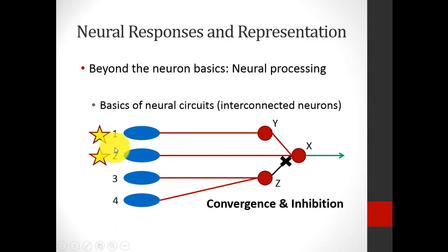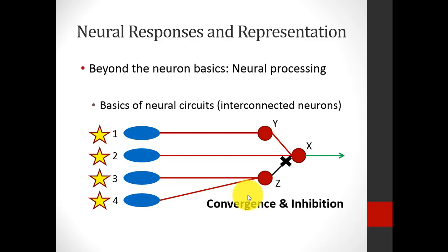You add in 1, you still have the convergence like we did originally with 1 and 2 being active and the signal leaving X. But when you start to work in 3 and 4, now this information that's moving here to neuron Z is sending an inhibitory signal over to X. So again, it's going to modify what's coming out of X in a different way than if you had full convergence or if you had just a direct one-to-one situation from 2 to neuron X.